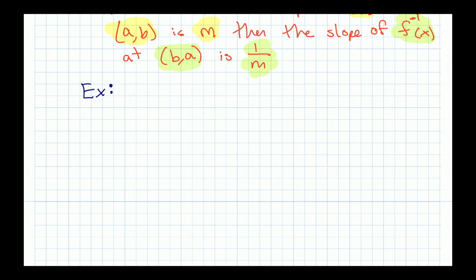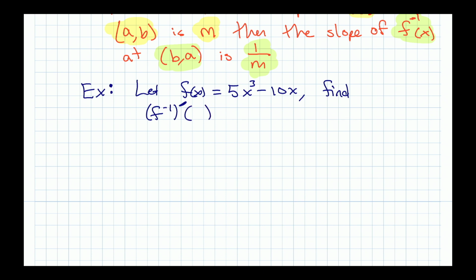Let's suppose f of x equals 5x cubed minus 10x. Now what I want is to find f inverse prime, that's the derivative of the inverse function, at a certain point.